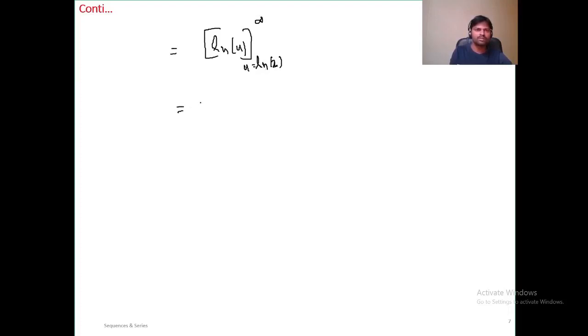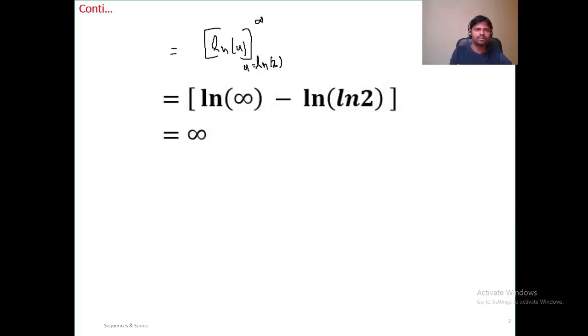Now substitute: ln of ln 2 minus ln of infinity, where instead of u I substitute the upper limit infinity. This first value is finite, but the second is minus infinity. So overall this answer is minus infinity. It is not finite.